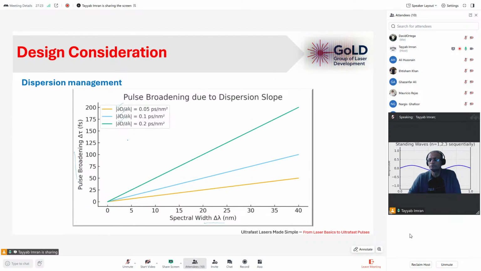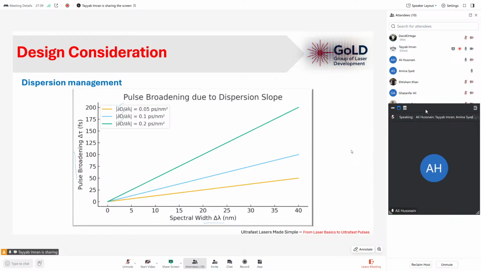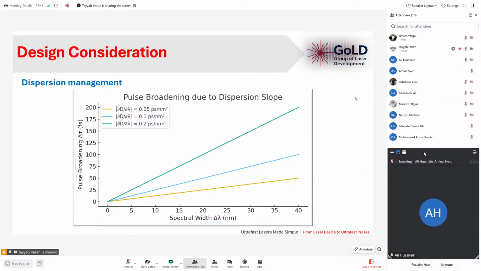What do you think? How many people are there today? Yes, sir. Pulse broadening gets broader. Is it different from pulse duration? Sorry, who is saying?